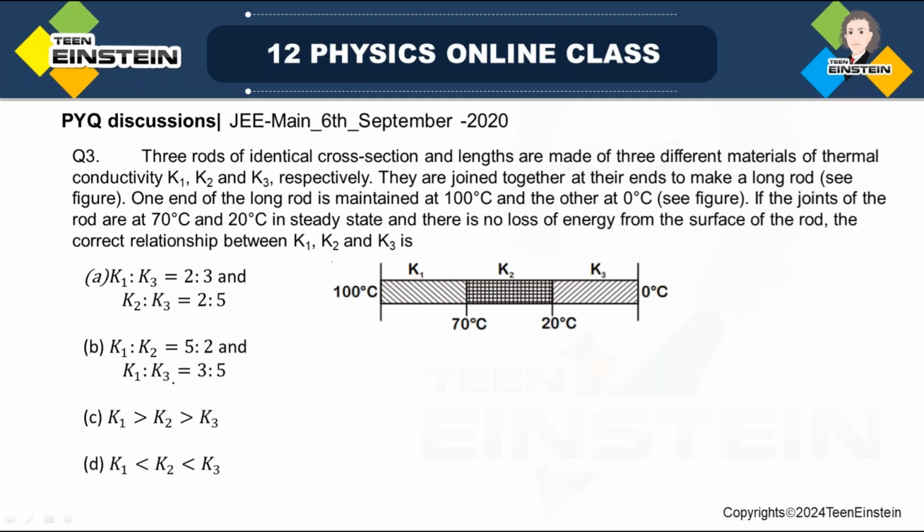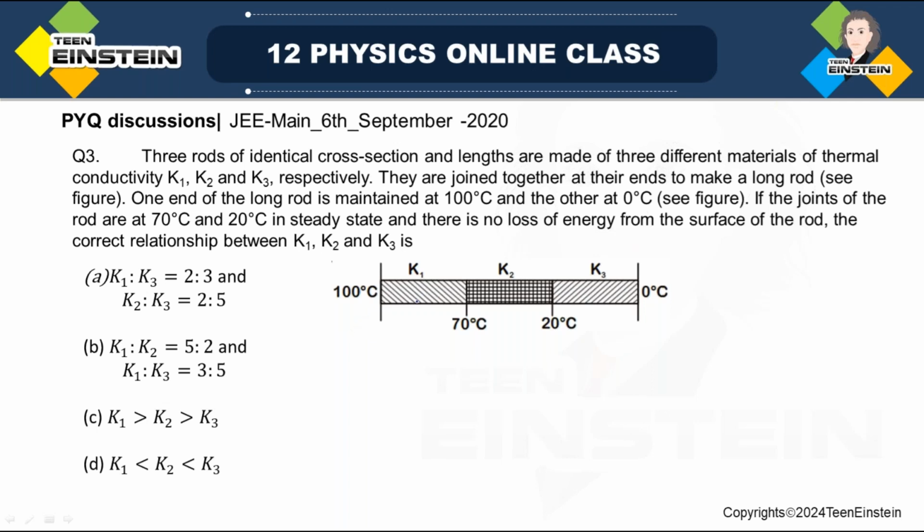And K1 is to K3 is equal to 3 is to 5. And options C and D show the relation like this, whether K1 is greater than K2 greater than K3, or K1 is less than K2 less than K3.